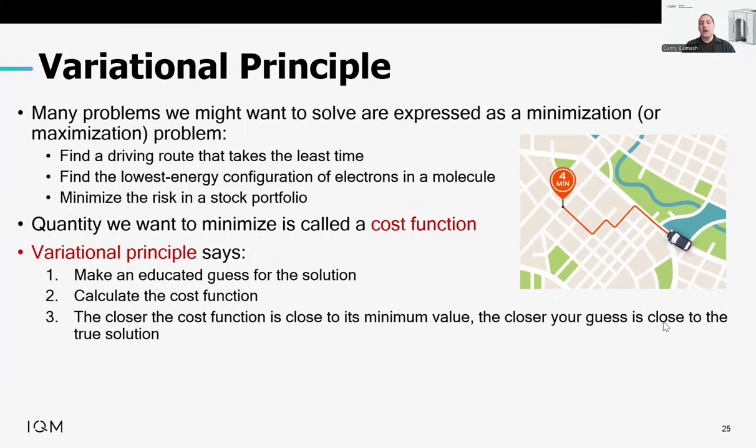The closer the cost function is to its minimum possible value, the variational principle says the closer your guess is to the true solution. So if we have two different driving routes and one of them takes less time than the other one, then the variational principle says roughly that our answer should be closer to the true solution if we choose the one that takes less time.